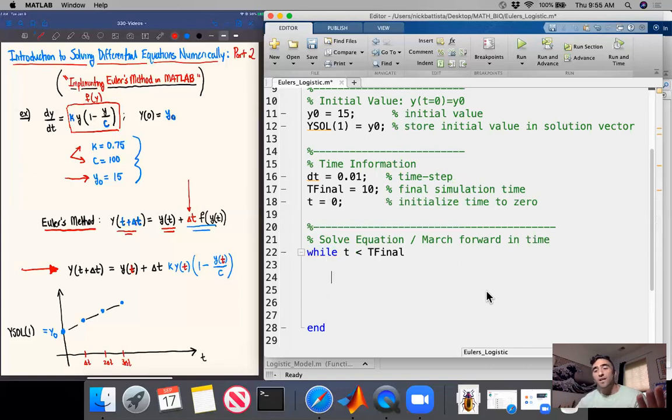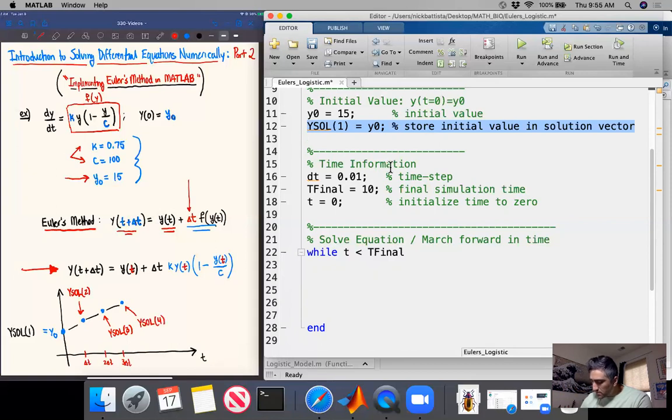So the way in which we want to step forward in time is we're going to need one other aspect, because if we're solving our solution and storing it in that y sol vector, we need to know what index we're at in terms of the solution or the value in that vector. So for example, this point here would be y sol at 2, excuse me. This would be y sol at 3, and so on. Y sol at 4.